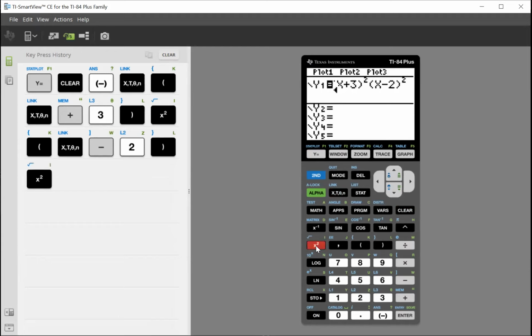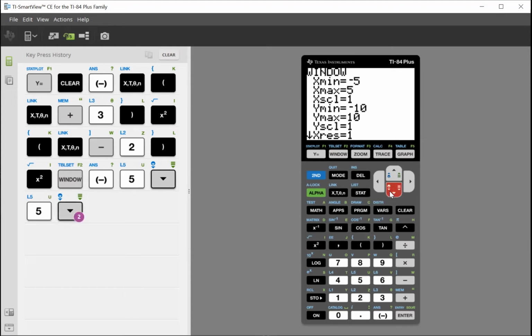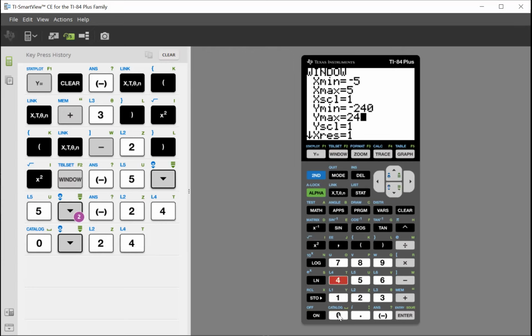Now, I'm going to set my window up, so I'm going to hit window. My x's went from -5. My x max went to a positive 5. Then down here on my y minimums, they went from -240. And then my y max went to a positive 240.